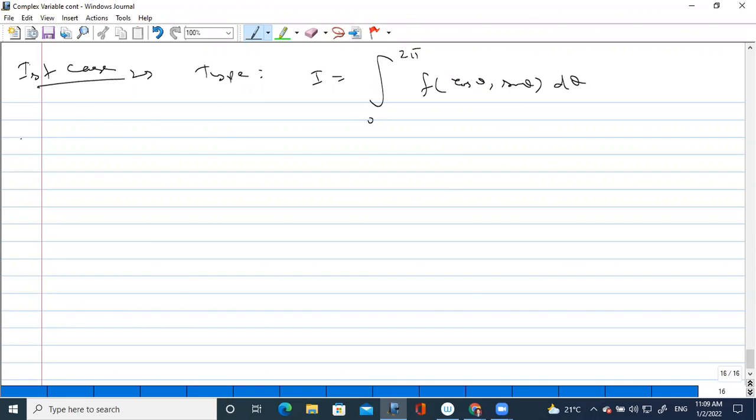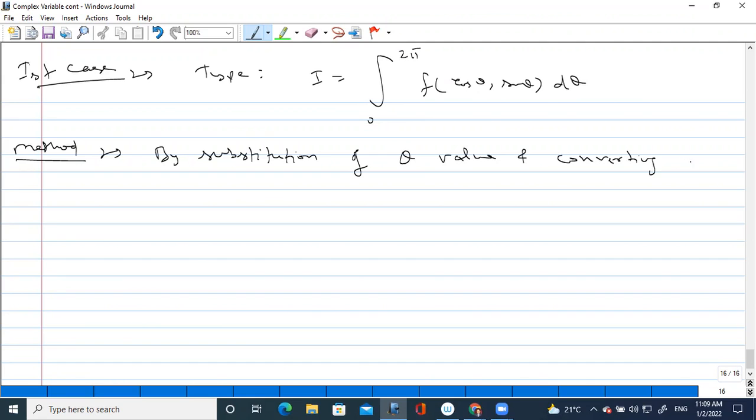So what method will we apply here? The method we will use is by substitution of the theta value and converting the real space, because this was your real space.